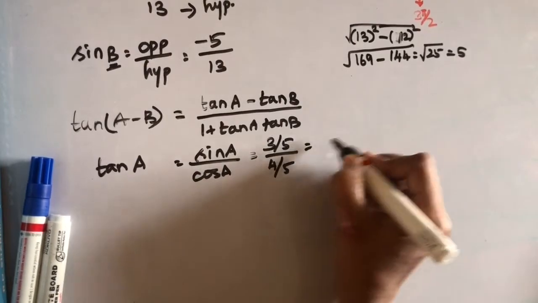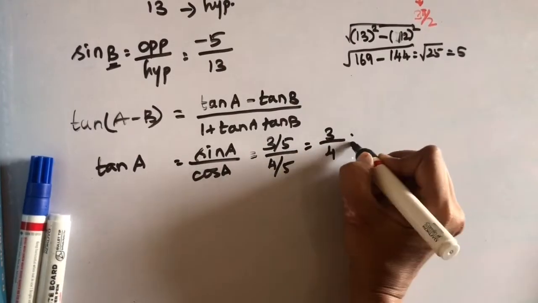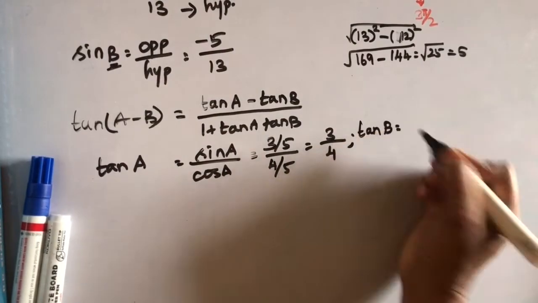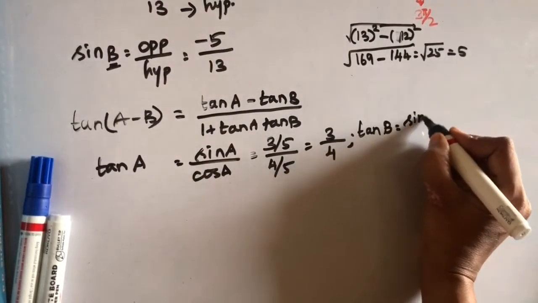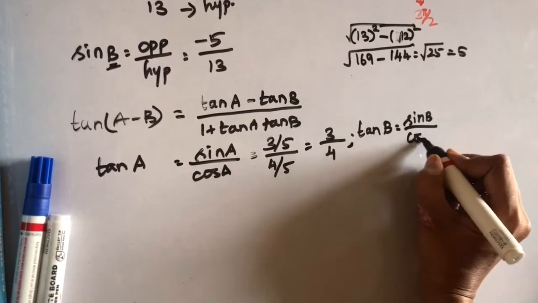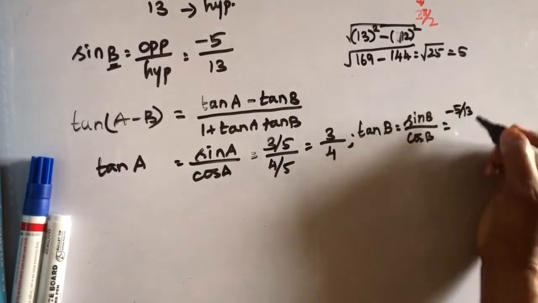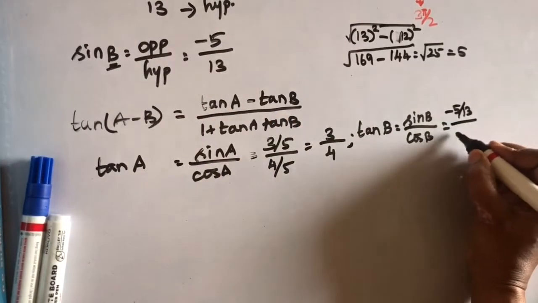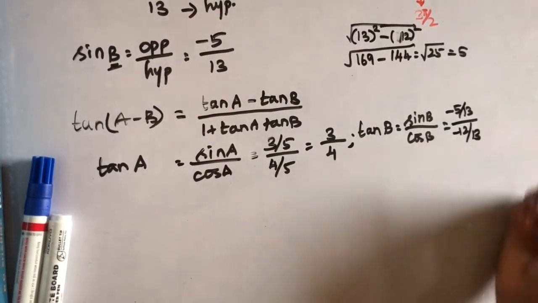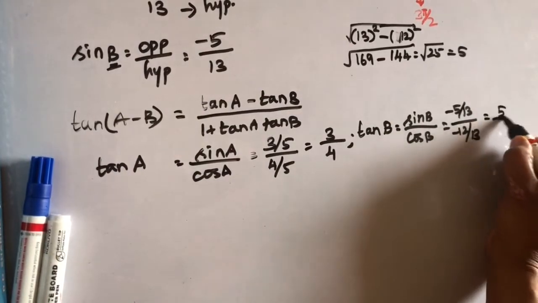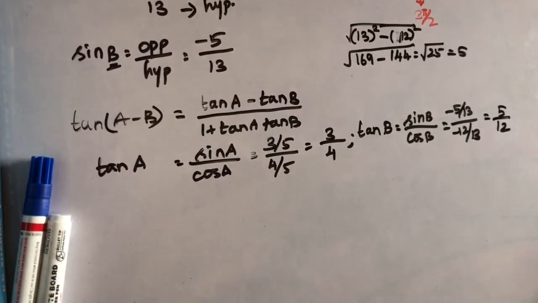So 5 and 5 will get cancelled and it is 3 by 4. Similarly, tan B is equal to sin B by cos B. Sin B is minus 5 by 13, cos B is minus 12 by 13. So 13 will get cancelled, minus also will get cancelled. So it is 5 by 12.